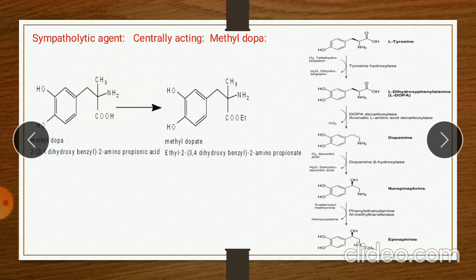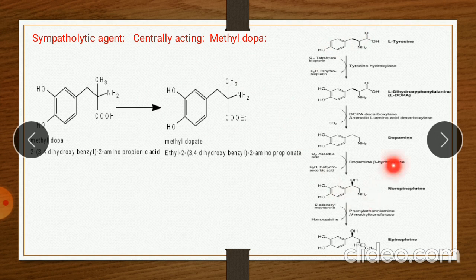Methyldopa is chemically and structurally related to levodopa, but it has a water solubility problem. Therefore methyldopa is converted into its ester called methyldopate, the ethyl ester. This methyldopate is used to prepare parenteral solution.